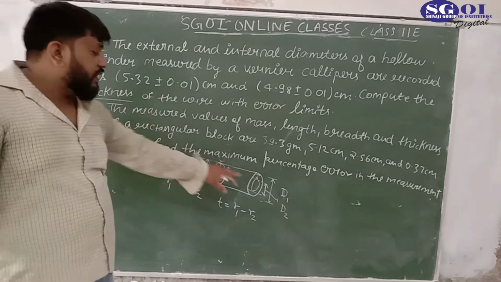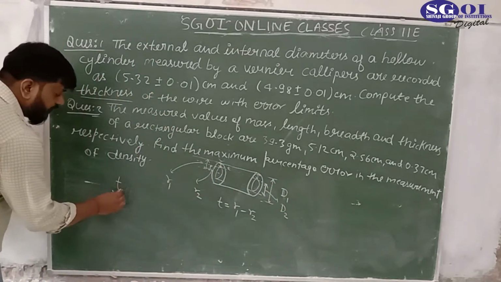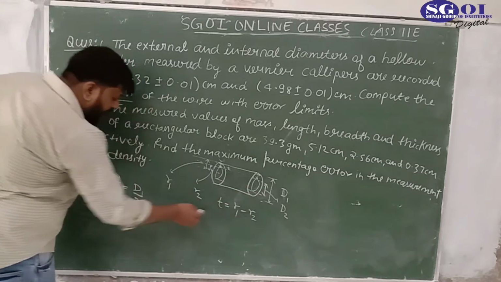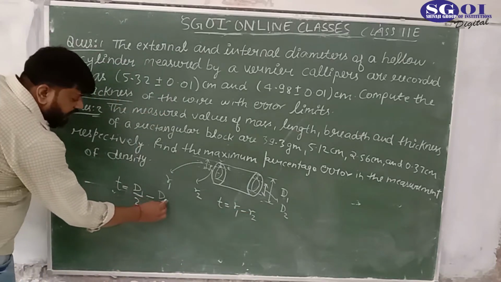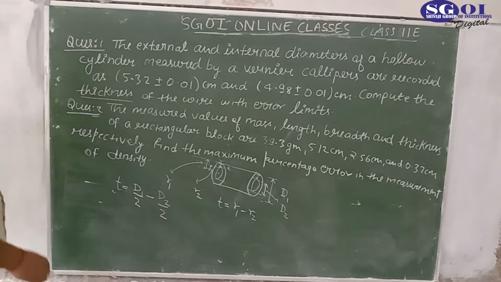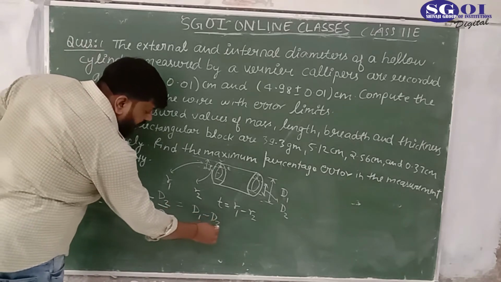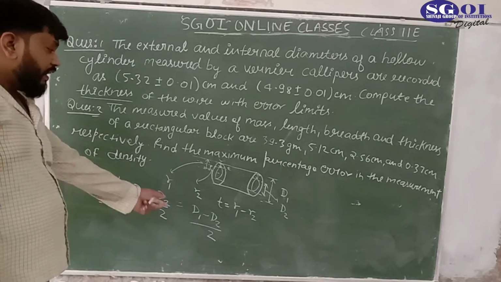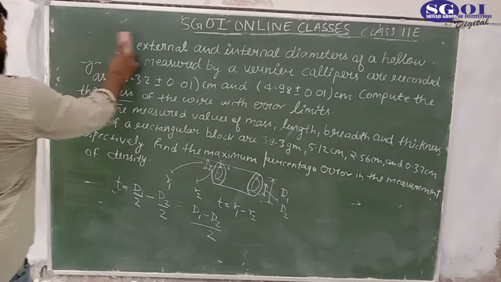But the measurement is in terms of D1 and D2. R1 is half the diameter, D1 by 2, minus R2, which is again half the diameter, D2 by 2. So take the LCM: T equals D1 minus D2 by 2. This is the relation we will use in this numerical problem for finding the thickness.